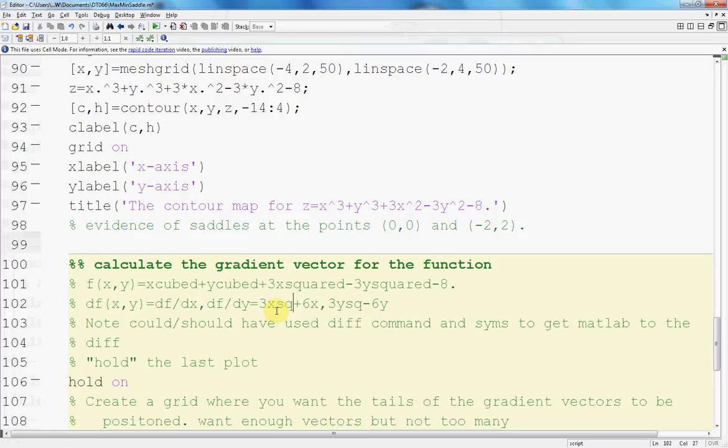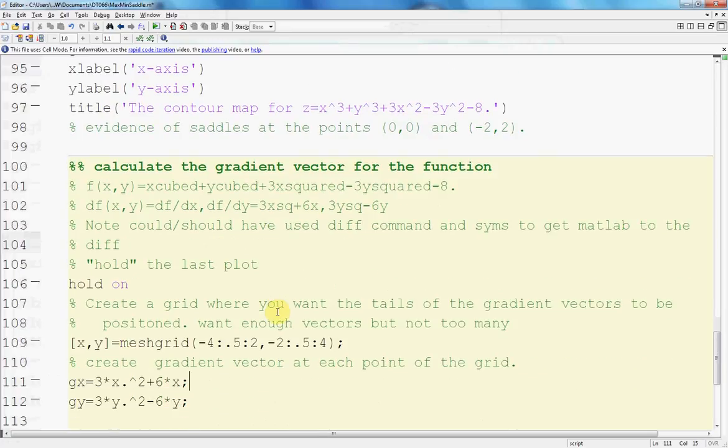I could have used the diff and syms commands, as I mentioned at the top, but as I said before, I don't have the symbolic maths toolbox on this machine, so I had to differentiate the original function manually. It's on lines 111 and 112. Be careful about the dot power: x dot squared squares each individual element of x, and y dot squared squares each individual element of y.